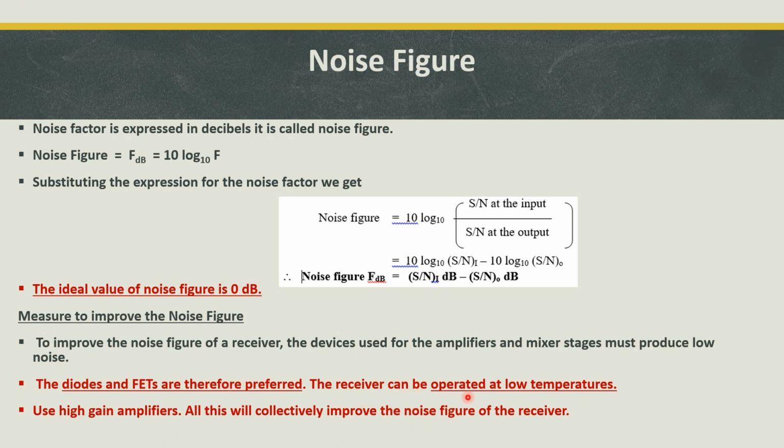The receiver can also operate at low temperature. The thermal noise is because of the temperature, so if the temperature is less, the internally generated noise will reduce. Use a high gain amplifier. All this will collectively improve the noise figure and factor at the receiver side.